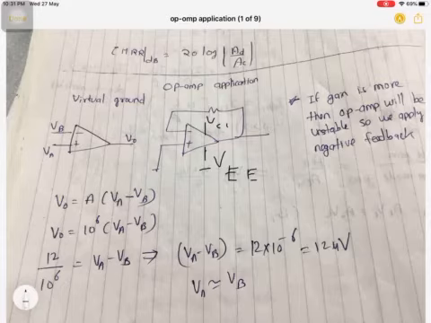That means if my op-amp has a power supply of plus minus 12 volt, VCC is 12 volt and VEE is minus 12 volt. The maximum possible output of the op-amp is 12 volt and the minimum possible output is minus 12 volt. In other words, in the case I discussed, if we apply 1 volt as input and the gain is 1000, the maximum output will still be 12 volt, not 1000 volt.